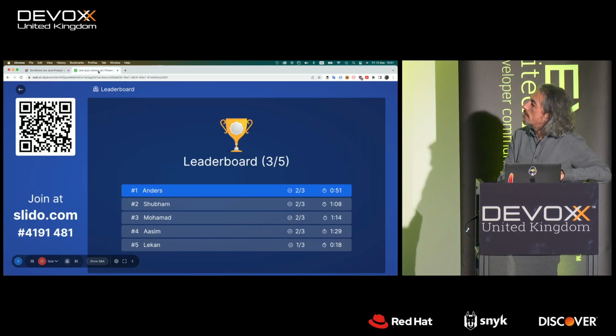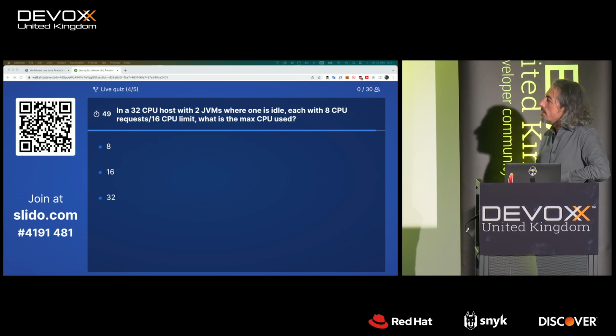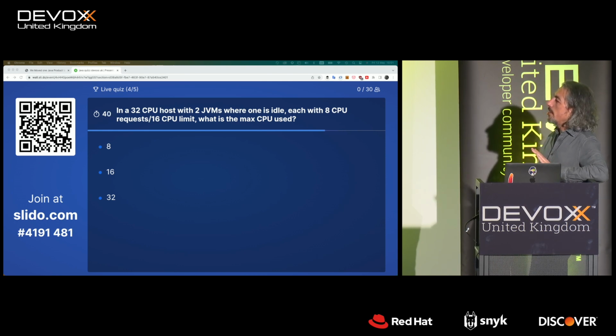Okay, next question. I think these ones are getting a bit trickier now. In a 32 CPU host with 2 JVMs, and one of them is idle, and both of them have the same CPU requests and limits, 8 CPU requests, 16 CPU limits, how much CPU is going to be used in that node?